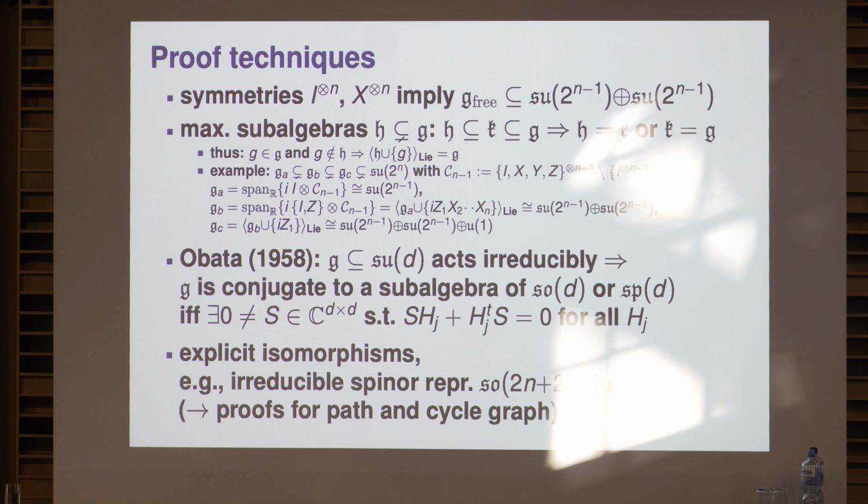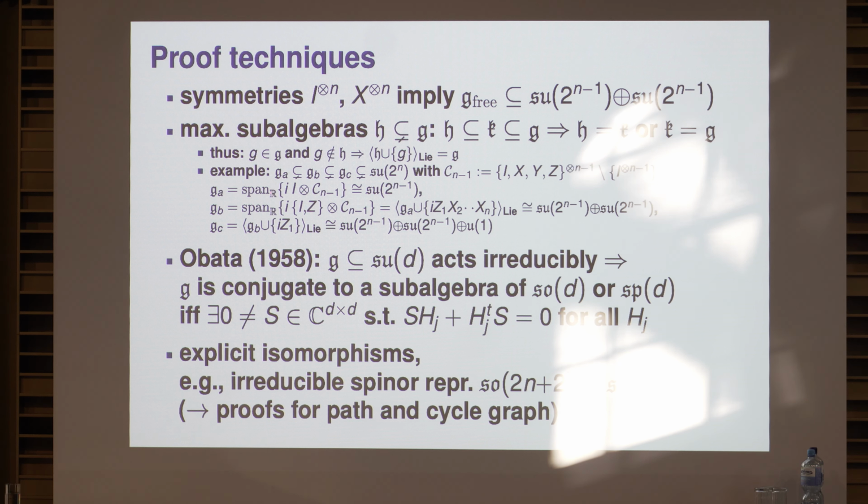So there is one very neat technique, which is about maximal subalgebras. A subalgebra H is a maximal subalgebra of G if it is proper, and if there is something in between, it needs to be either equal to H or G. People have analyzed these maximal subalgebras, the work of Dynkin and so on.